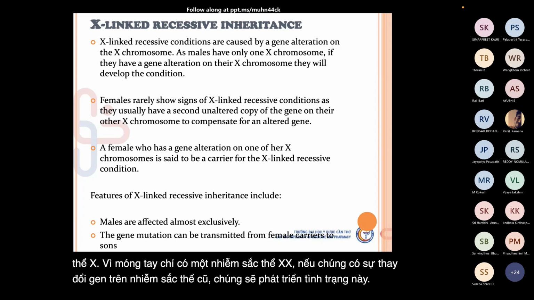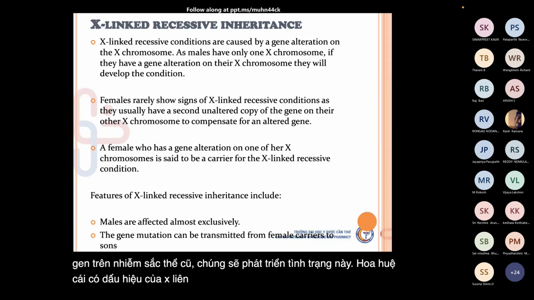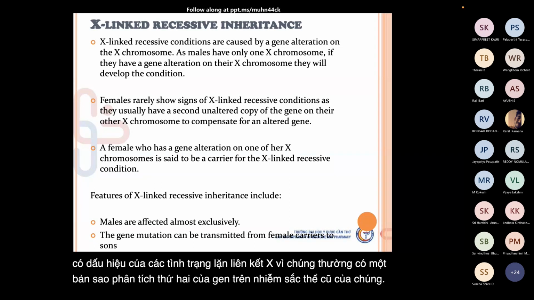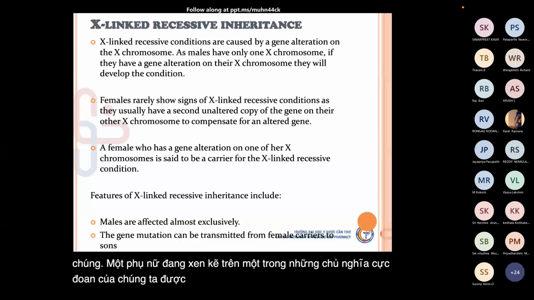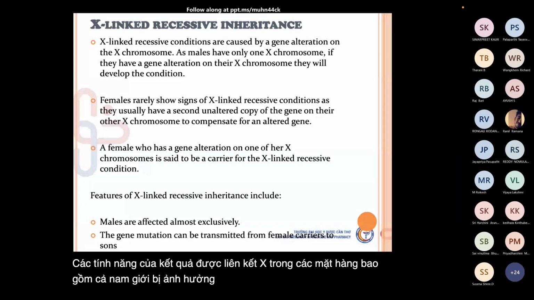Females rarely show signs of X-linked recessive conditions, as they usually have a second unaltered copy of the gene on their X chromosome. A female who has a gene alteration on one of her X chromosomes is said to be a carrier for the X-linked recessive condition. Features of X-linked recessive inheritance include males affected almost exclusively. The gene mutation can be transmitted from female carriers to sons.